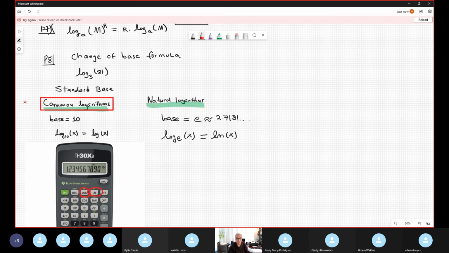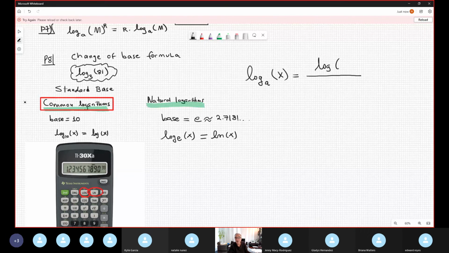So now, for example, what is the formula? I want to explain in detail the formula, and after we apply it in this example, and that's it for today. The formula says, logarithm of one number that I want to call x in base a, okay, is equal to the division: logarithm of the same number, but using a new base I want to call b.